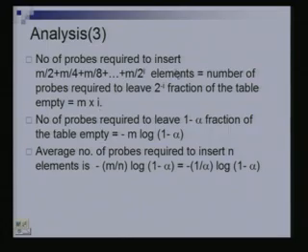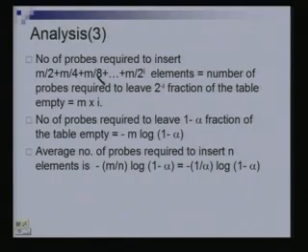And the total number of probes required to insert, after I have inserted all of these elements, how many locations are empty in the table? What is the total number of elements in the table now? After I inserted m by 2 elements, what fraction of the table was empty? Half. After I inserted m by 2 plus m by 4, how much of the table was empty? 1 by 4.